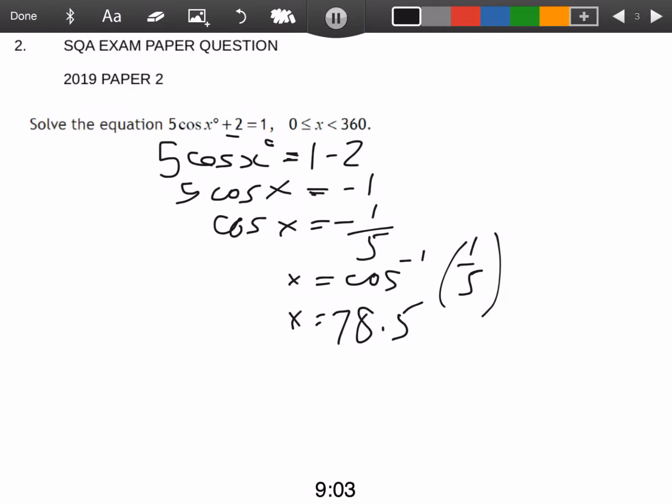You wouldn't lose a mark if you went for 1 decimal place or 2 decimal places. Please round correctly. It comes up as 78.46. If you put 78.4, you would lose a mark, okay? Because if you want 1 decimal place, it's 78.5.